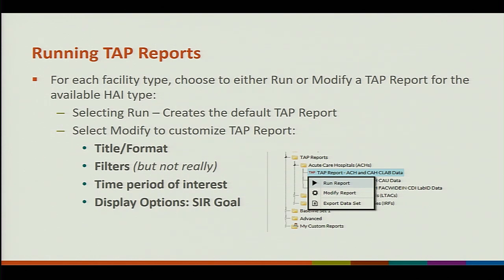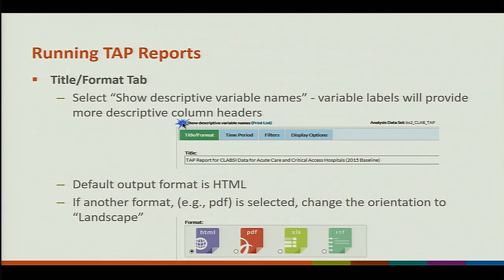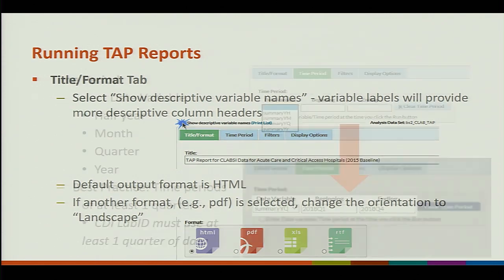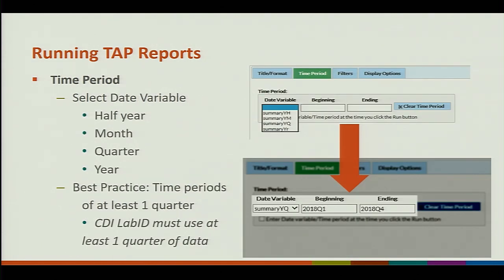But if we want to modify to a specific time period, perhaps just the last 6 months or the last quarter or the last year, we can click modify report to do so. For time period, we have half year, month, quarter, or year. And again, our best practice is to use at least 1/4 of data. For CDI Lab ID, we have to use at least 1/4.